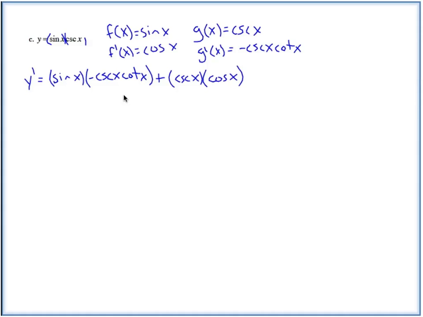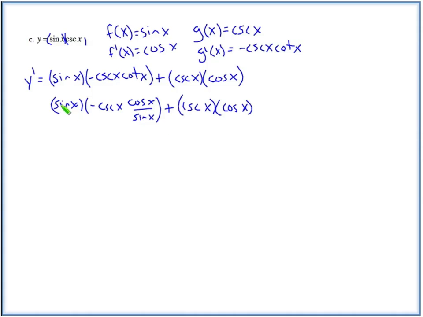Now this is pretty interesting. Here we have sine x times cotangent x. What if I were to rewrite cotangent x in terms of sines and cosines? Well, I'd have sine x minus cosecant x. Cotangent would be cosine x over sine x. And then cosecant x times cosine x would still be there. Now what does that do for us?